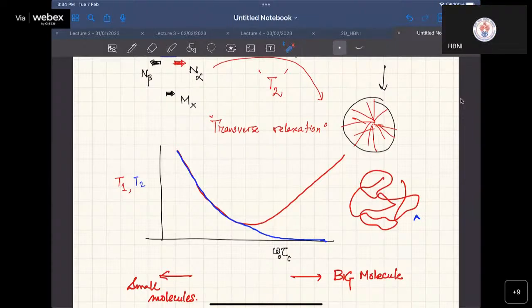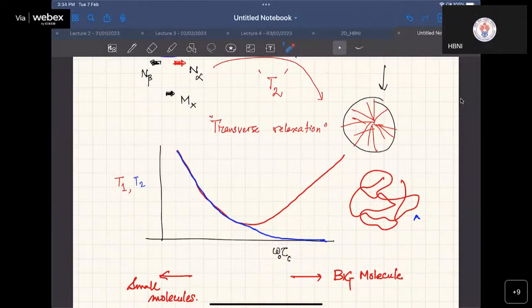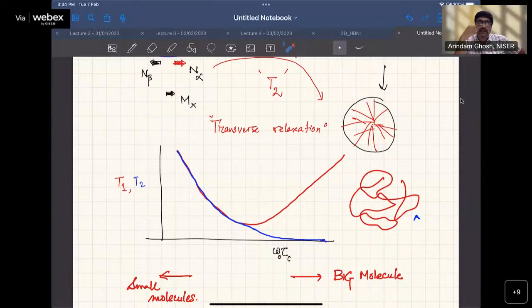One participant is asking, if you change the solvent, does it affect the relaxation? Again, as I told you, this relaxation is a property of the dynamics of the molecules, right? If this particular new solvent has a drastically different viscosity than the old one, then you might see a difference.